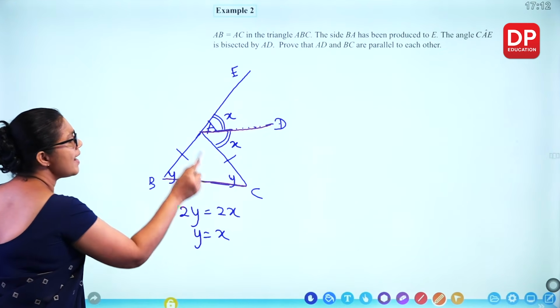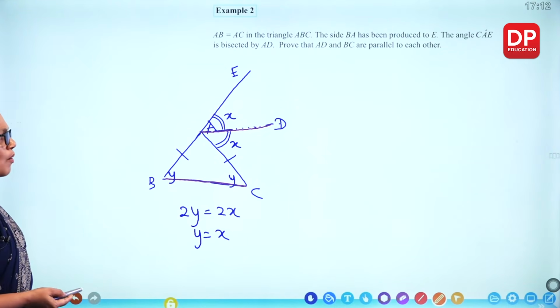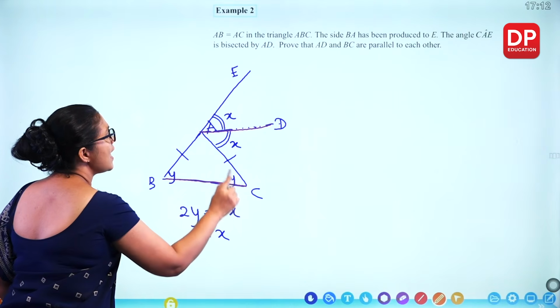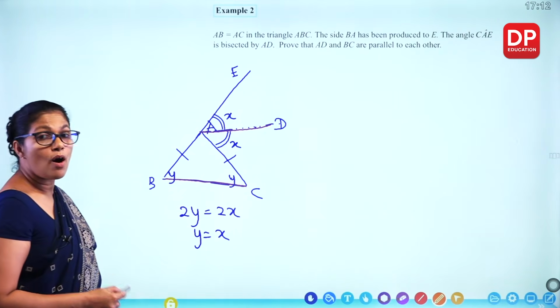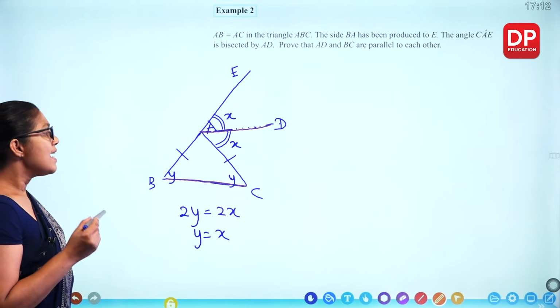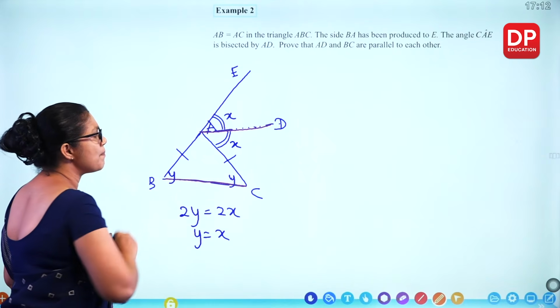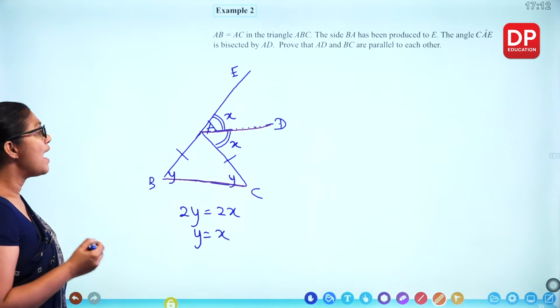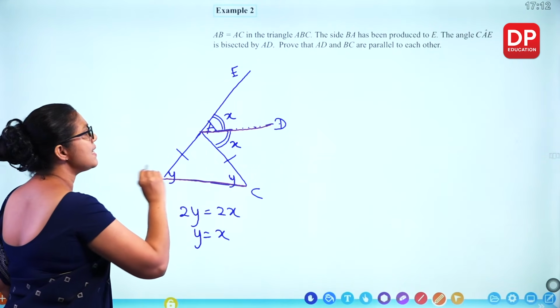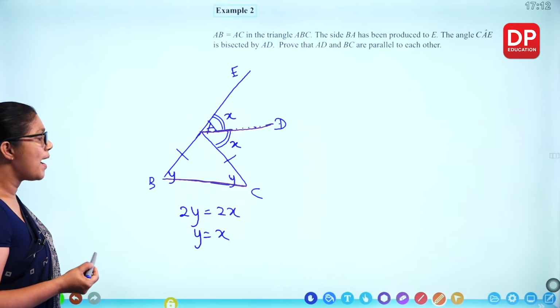So what are y and x? Y and x, we can take, these are alternate angles. If these alternate pair is equal, that means we can say BC and AD lines are parallel.